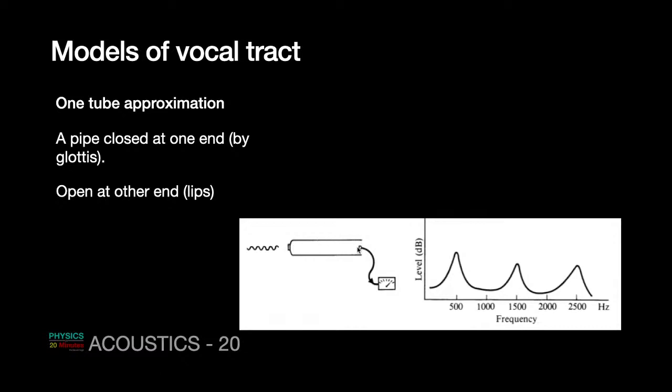Pulling in or pulling out the lips, you can change the length a little bit. Here, not possible. And of course, with the movement of the tongue, you can bring in the constrictions which are not possible. So it's a fairly primitive model, but nevertheless it's a very interesting model to study because it gives us an idea of how this model building happens.